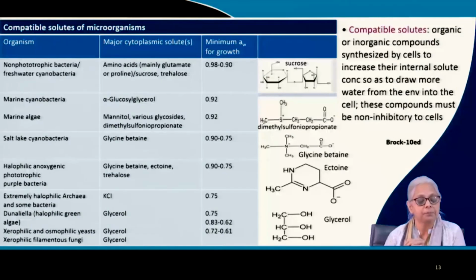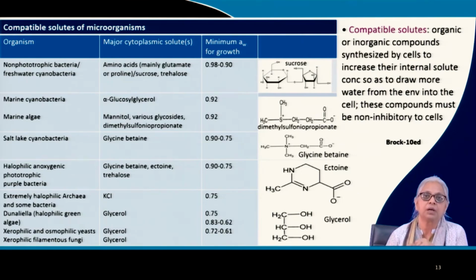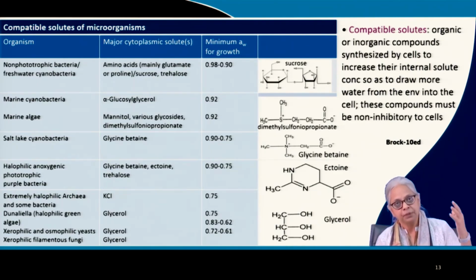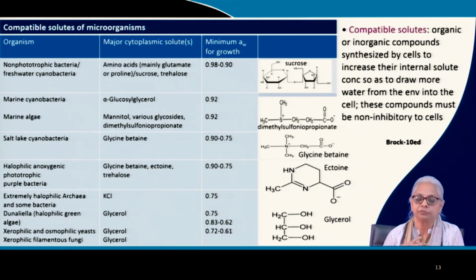So this is a slide that shows you compatible solutes. Compatible solutes are organic or inorganic compounds that are synthesized by cells to increase the amount of water that they can withdraw from the environment. By increasing the solute concentration within the cell, the concentration gradient of water from the environment will be higher, and that will allow them to bring in water from the environment.